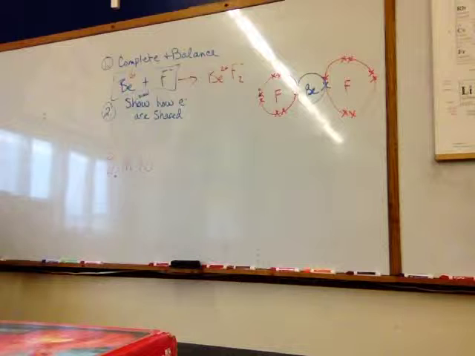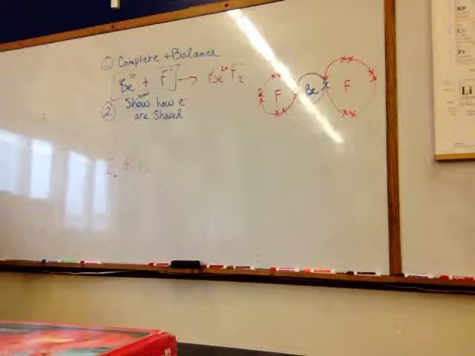Did I draw all the electrons in a fluorine? Did I draw 9 electrons? In beryllium, did I draw 4? Why did I only draw those? The other ones are on the inside, they can't be involved in a chemical reaction.